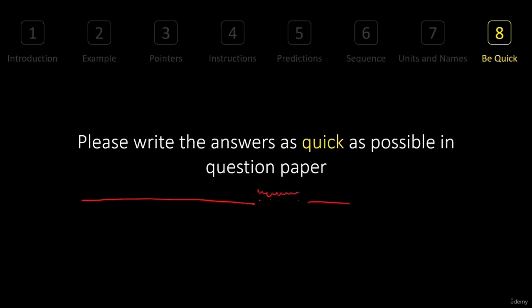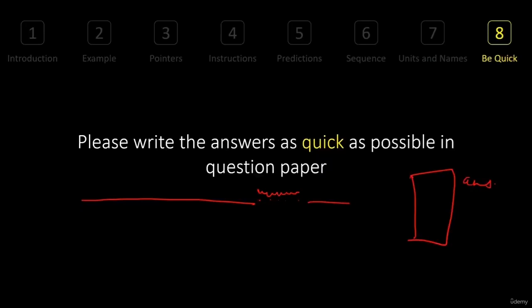I'll try to be as clear as possible in my question paper. I'll try to write the answer properly. But remember, all the answers have to be copied in the answer sheet in the end. You will get extra time for that. Don't worry about that. Hence, try to write it as quickly as possible.